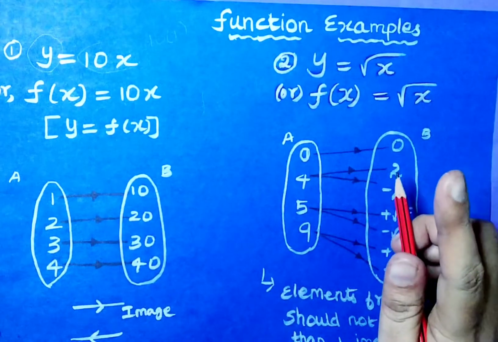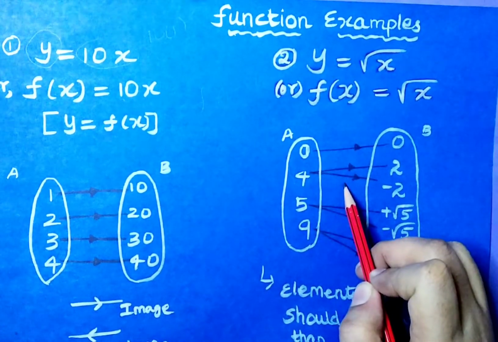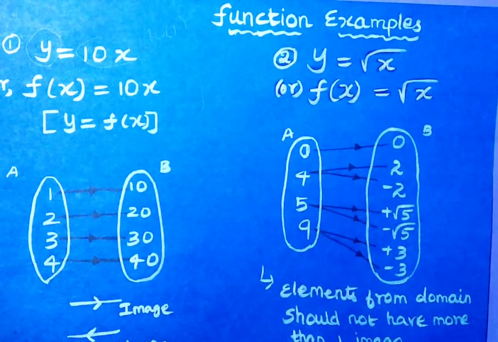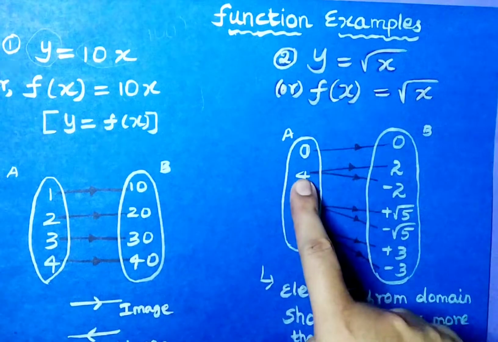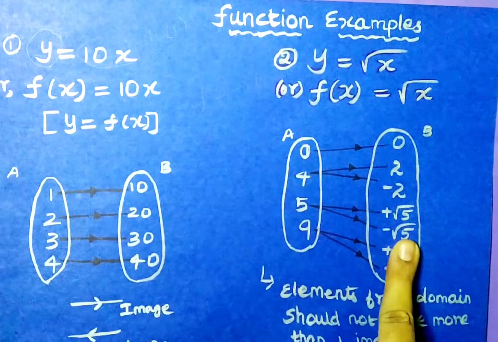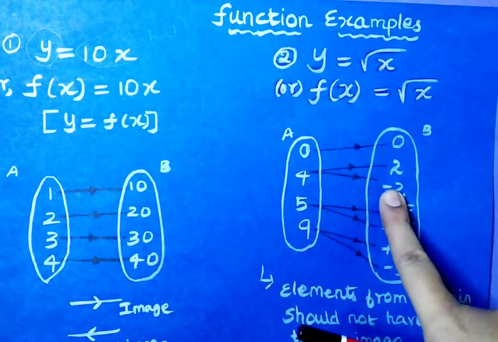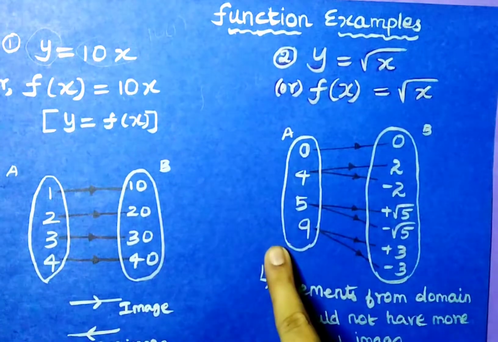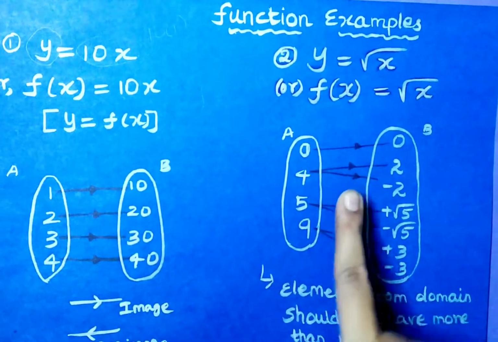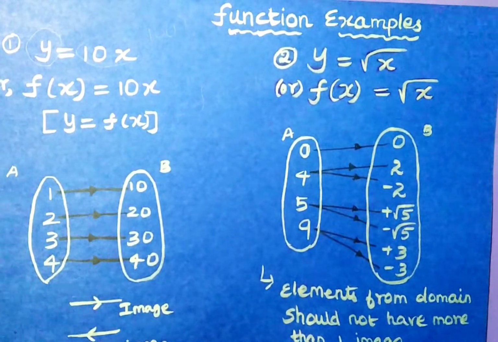If even at least one element has more than one image, then also it is not a function. For example, if only 4 has 2 and minus 2 and the others have only one image, we still say it is not a function, as 4 has 2 images. So an element from the domain should not have more than one image. That is the criterion for a function.